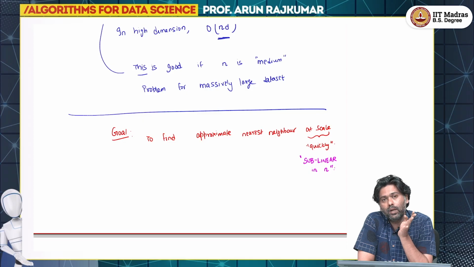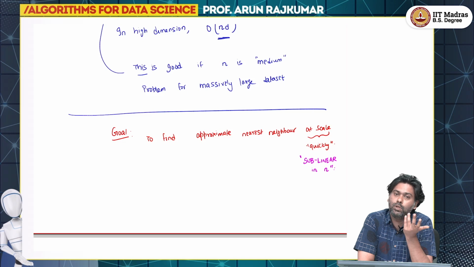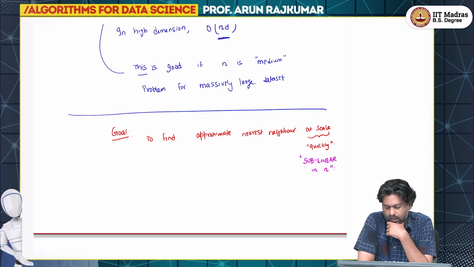But if you want to get away with that, because there are too many data points, 10 to the 9, massive, then you will have to do this by not looking at some data points. And that is the question that we are asking, right. So, can we get away with not looking at most data points, if possible, and still produce an approximate neighbor, right. If we manage to do that, then we are going to call this a sublinear algorithm.